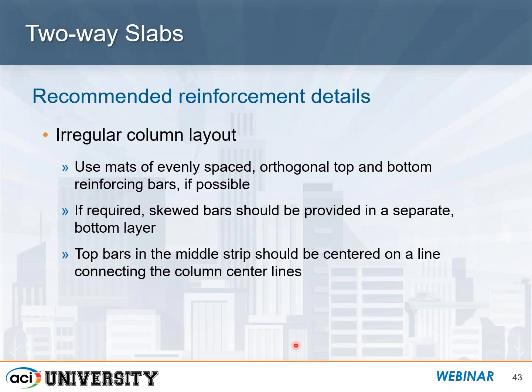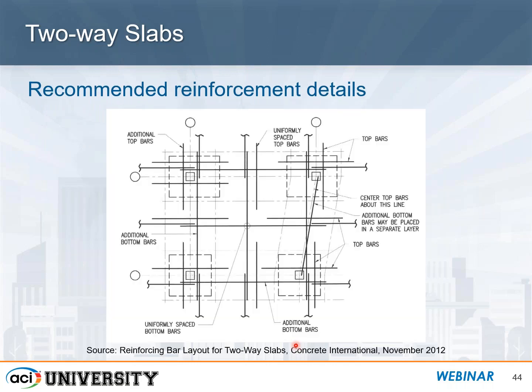Now, some people like to use a skewed bar, and they can certainly be used if so desired or warranted, but those should be placed in a separate bottom layer outside of your orthogonal top and bottom reinforcing bars that you're going to provide. So what we have here is, again, a typical layout that you may want to use in this particular case, where you have these uniformly spaced top and bottom bars.